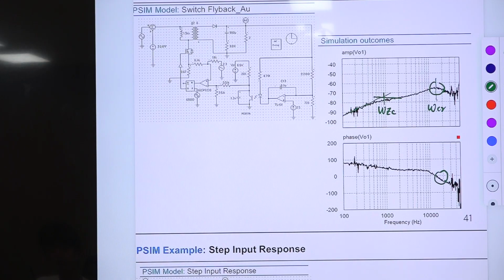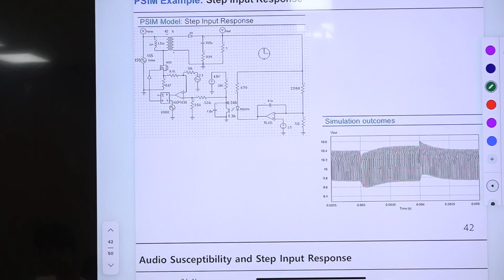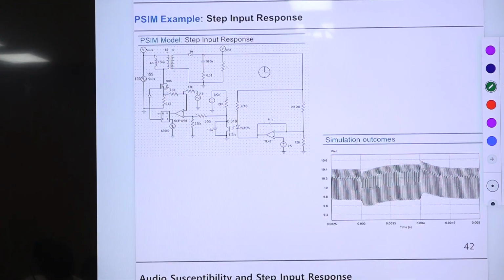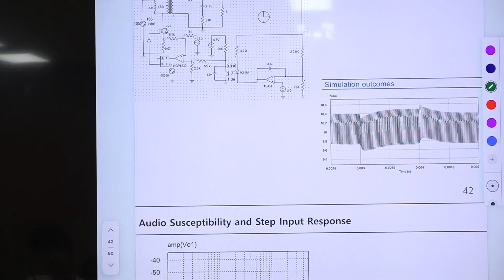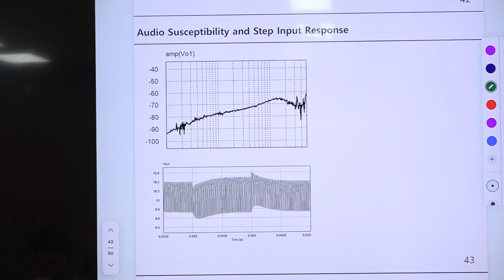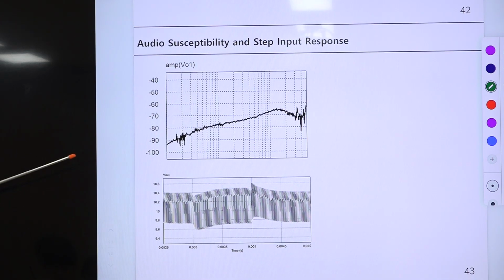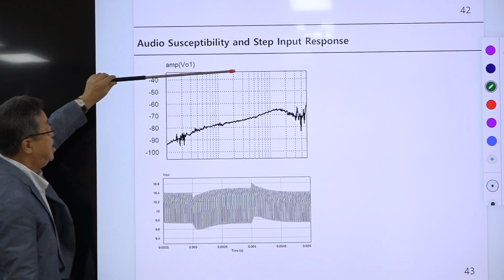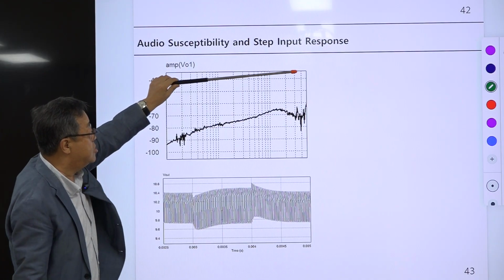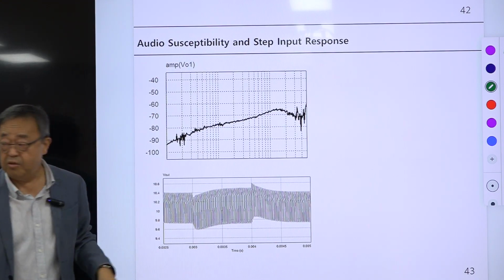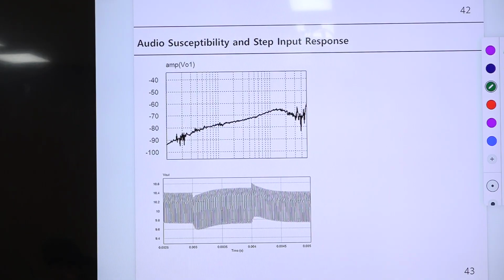Okay, let me show you the step impulse response. So the step impulse response has similar behavior here. Okay, so let me show this. The same thing. I compared this audio susceptibility and the step impulse response in parallel. Okay, the step impulse response, the transient response of the output voltage in response to a step change in the input voltage, is the same as the previous case.